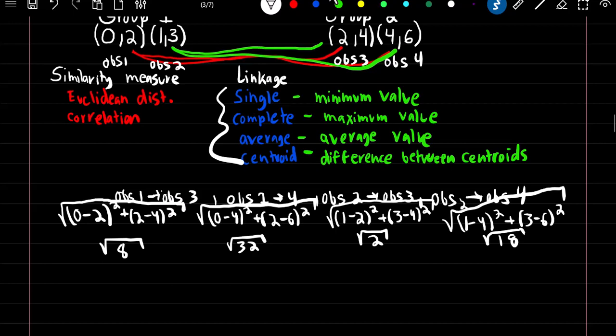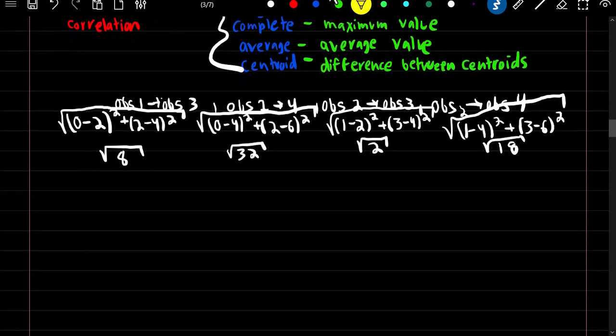So now that we found our Euclidean distances, we can apply our linkage functions. You're only going to choose one linkage function, one similarity measure. But here I'm going to show what the different results will be for each of the different linkage functions. The first one we'll do is single. For single, we're going to choose the minimum of these values, or the closest distance between the two groups, which we can see is the square root of 2.